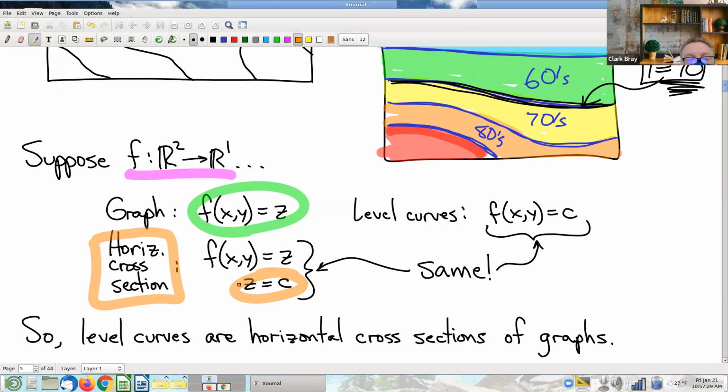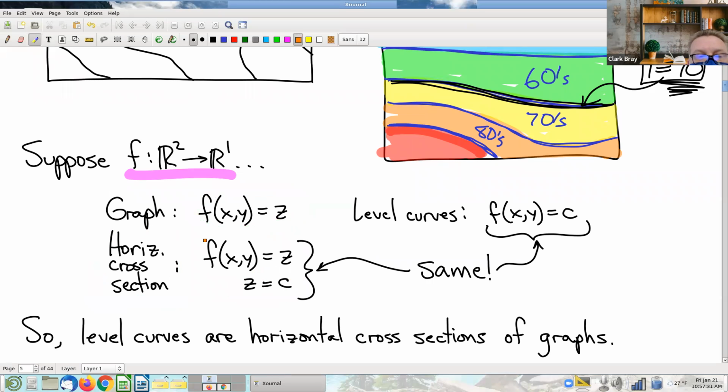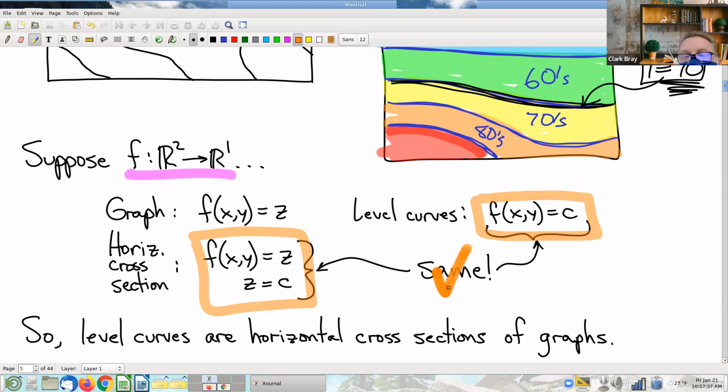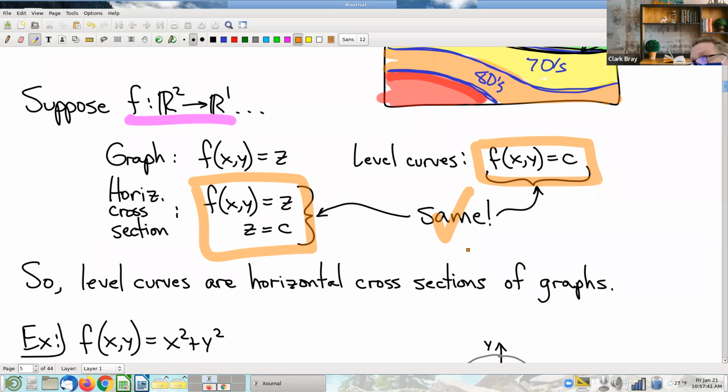And altogether then, a horizontal cross section of a graph versus a level set, they're really the same thing. In some sense, it's effectively f equals a constant in both cases. It's just that f is a constant by way of this variable that's no longer allowed to be a variable. So therefore it's constant, right? Anybody with me?